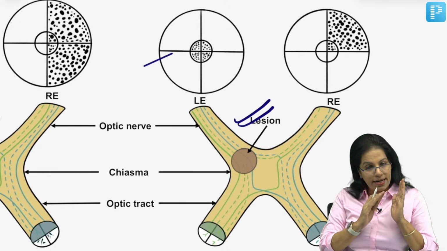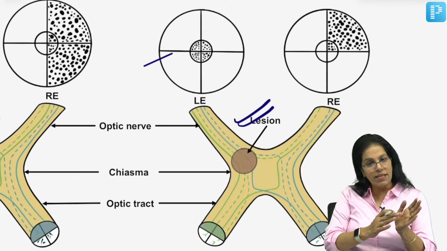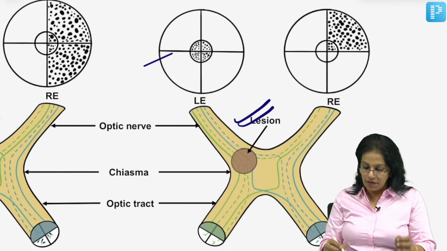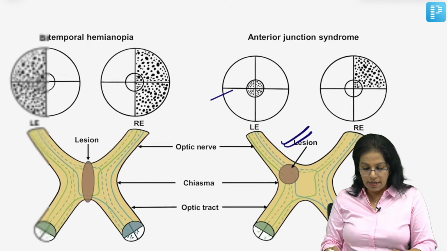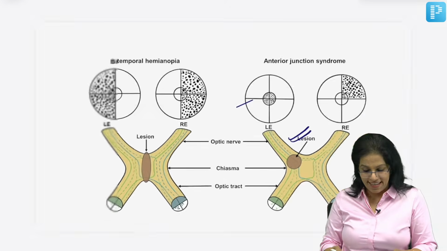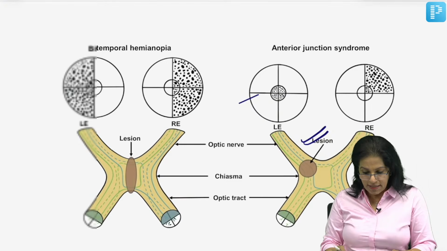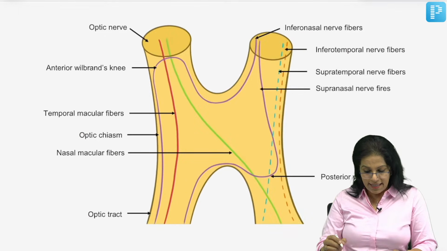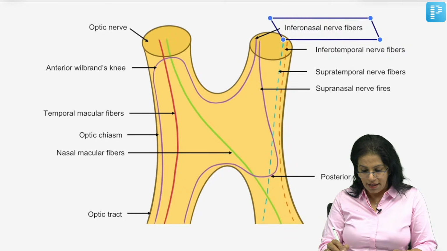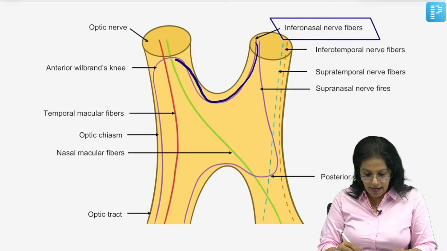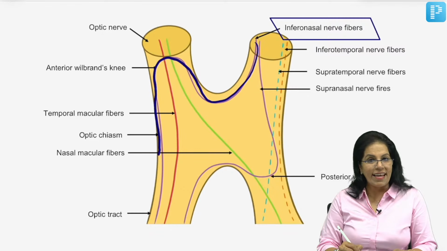So, this side nerve is gone, that side you will get central scotoma, but the chiasma, it is a junction of chiasma and the nerve. So, what about the chiasma part? So, understand here, this is a normal anatomy that the inferonasal fibers of one will first detour to the other side like this and then enter.